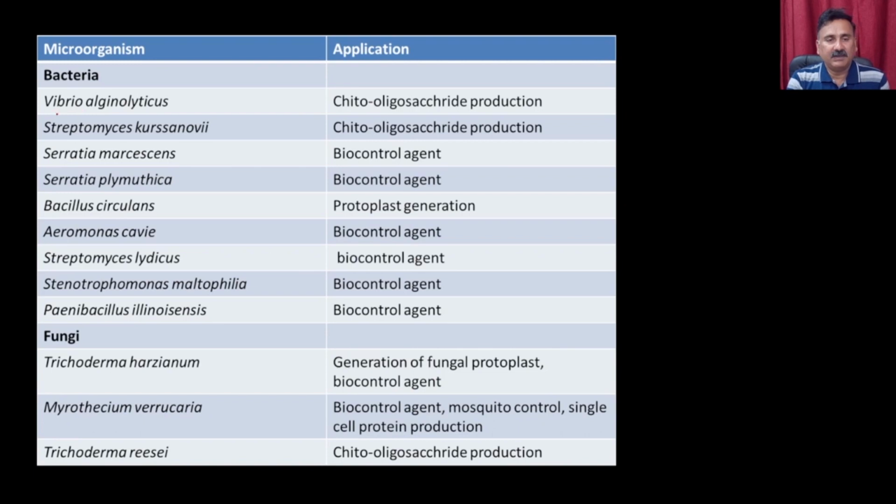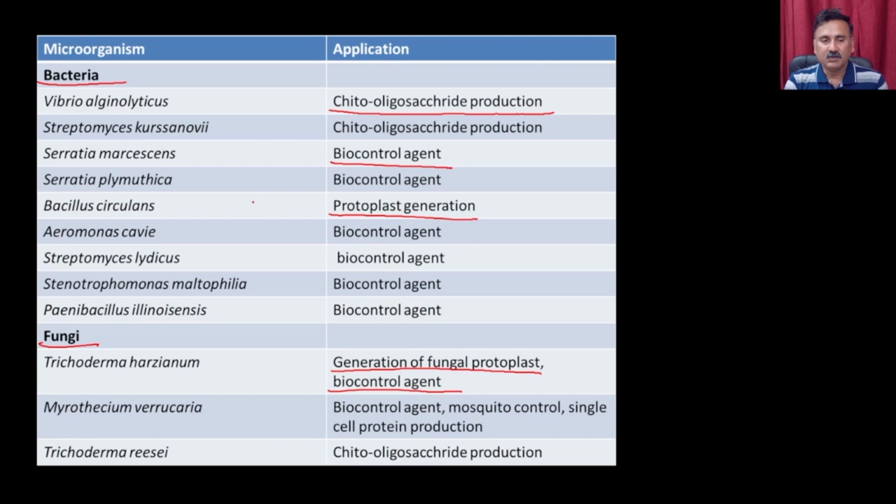You can have the bacterial species, you can have the fungal species, and all these are producing the chitinases which have applications in chitooligosaccharide production, biocontrol agents, or the generation of fungal protoplast. Chitin is sometimes present as a component of the cell wall.